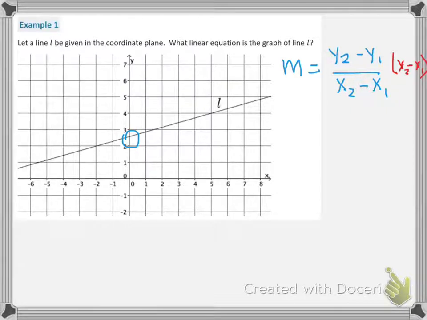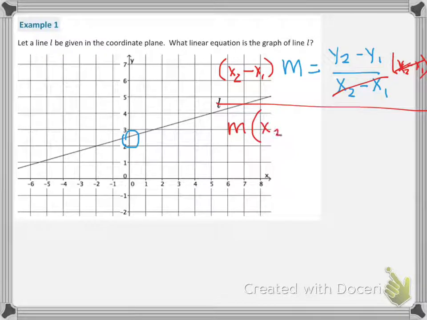If I do that and balance the equation, I'm also multiplying by x2 minus x1 on the left side. We get the x2 minus x1 to go away, so we no longer have a denominator. And we get this: m times x2 minus x1 is equal to y2 minus y1.